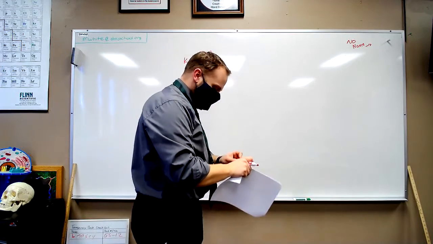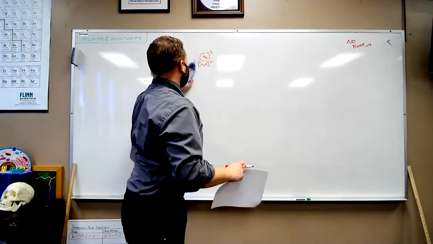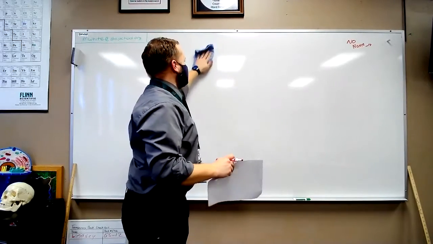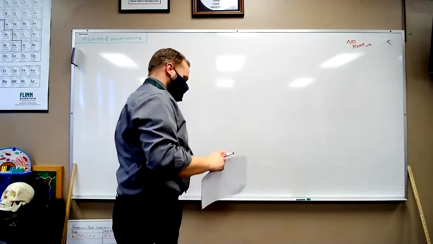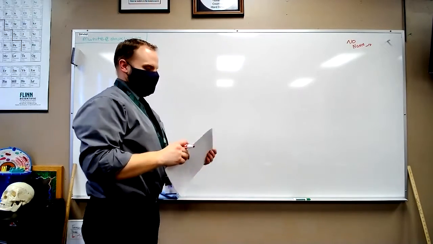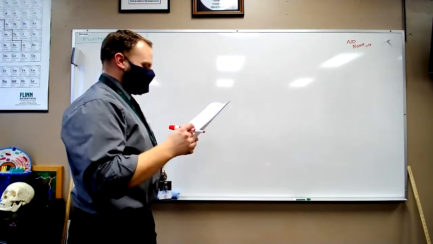So Le Chatelier's principle, basically, if we've got a system at equilibrium, we can put a stress on it, and it's going to shift the equilibrium. And so you can use Le Chatelier's principle to predict how it's going to shift.